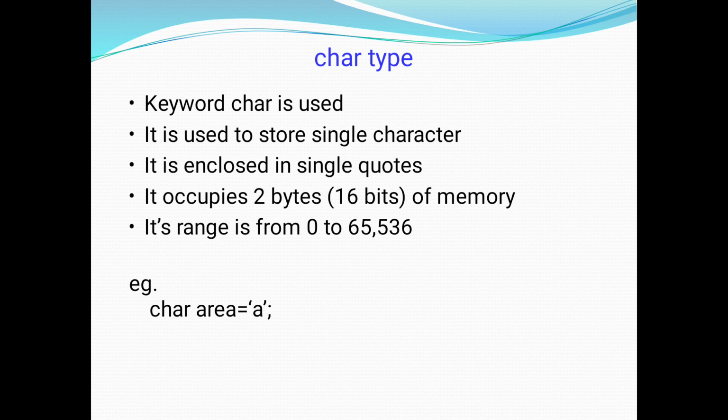A character is written in single quotes. 2 bytes, that is 16 bits of size, is required. Its range is from 0 to 65,536. In the example, character A is initialized to the variable area.